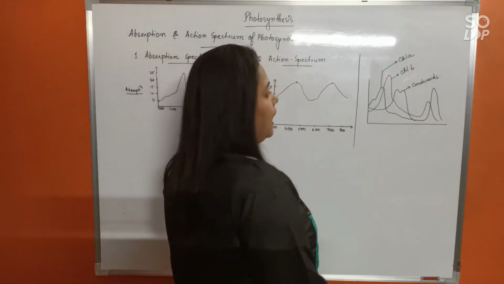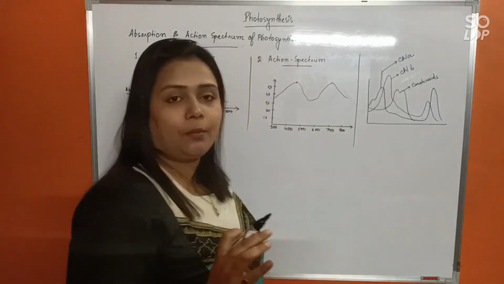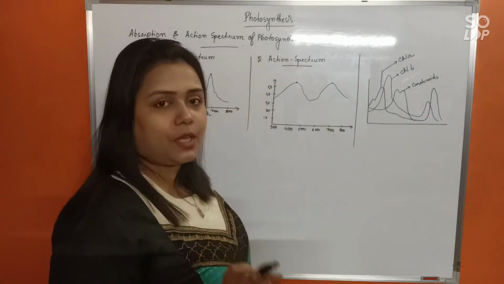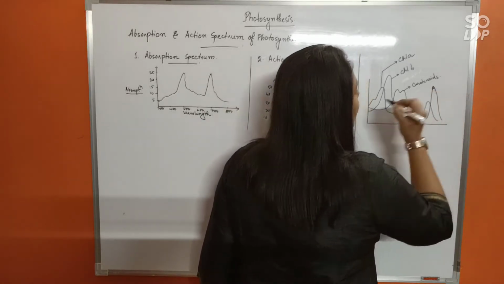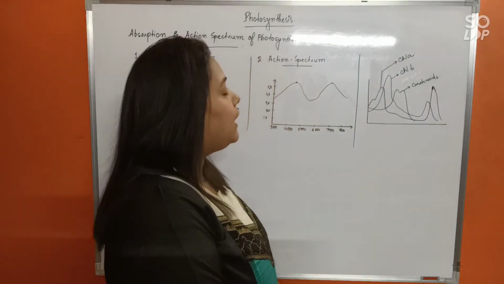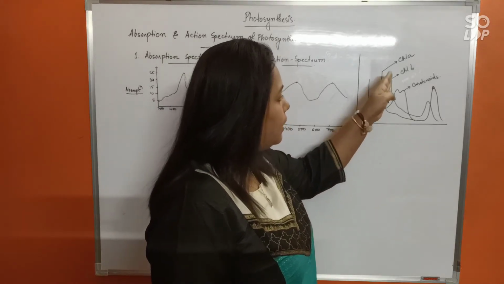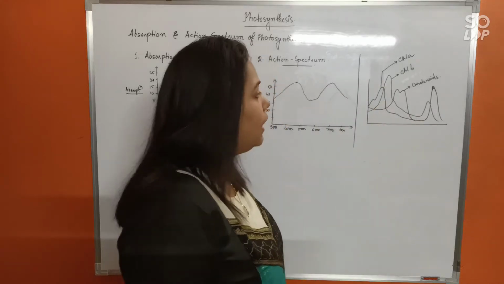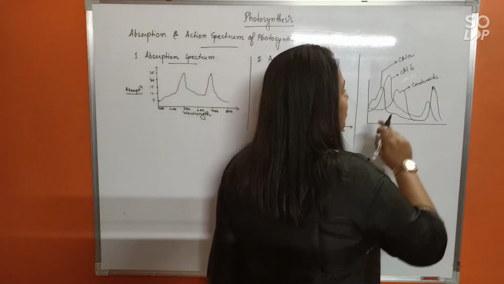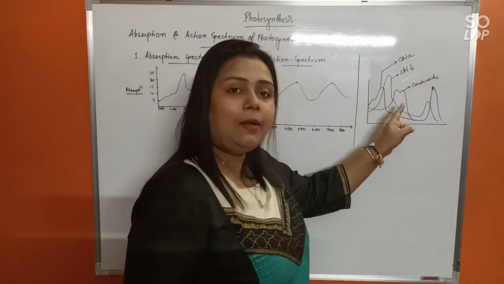Chlorophyll A will be absorbing blue and red light, which will be happening almost at the same pace, but of course red light will be absorbed a little more than blue light. In case of chlorophyll B, the blue light will be absorbed much more in comparison to red, but in case of carotenoid pigments it will be absorbing mostly green and blue light.